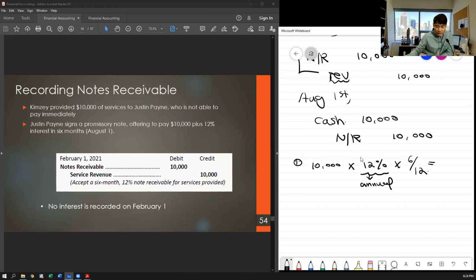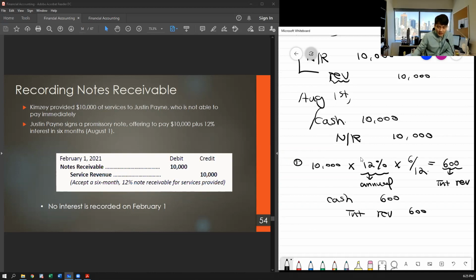That will give you, oh my God, $600. That's an interest revenue. So for the interest, you are going to receive cash of $600, and the interest component will be recorded as interest revenue of $600.